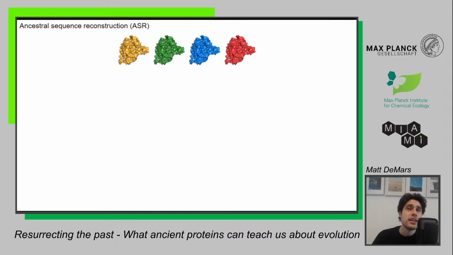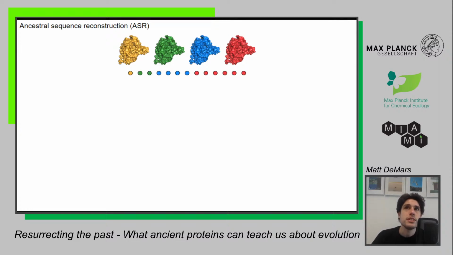In classical biochemistry, we have a bunch of modern, extant proteins with different properties, and we may study them to understand how they differ, and to study how their sequences lead to different structures and different functional properties.